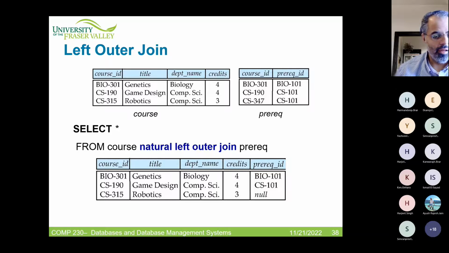But what is added compared to the classical natural join is this. As we did in relational algebra, first let's do the normal natural join, just to remember how it works before we go to the statement. The common attribute here is course ID, and we have a course ID on both sides.